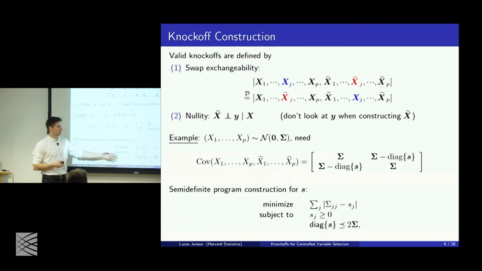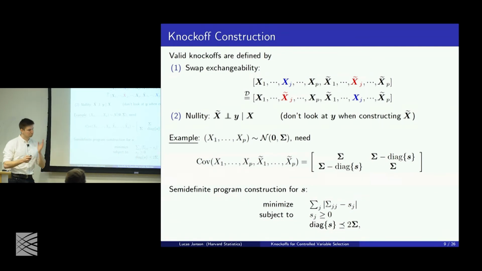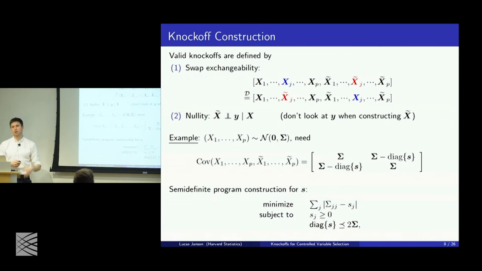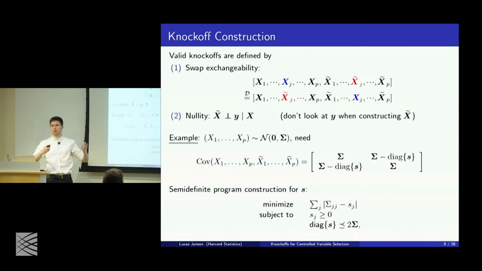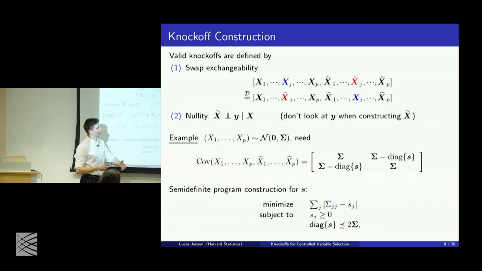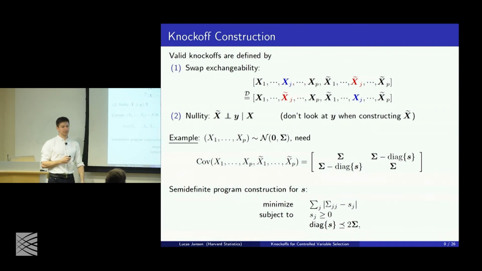And it turns out that this is a convex problem. It's a semi-definite program, so I can solve this reasonably efficiently. There are things I can do to speed it up by separating my variables into blocks and then doing a correction factor so that I still get exact knockoffs, but can make this basically linear in p.